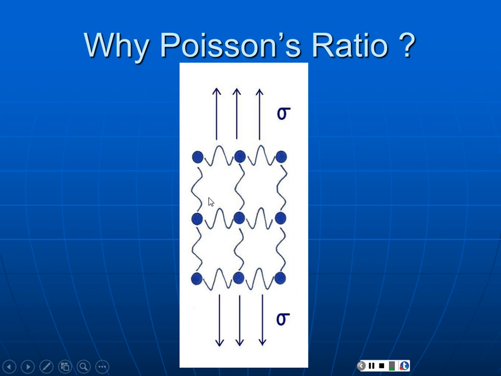And so it's all about maintaining a kind of constant energy level or a minimum energy level here by maintaining the spacing of the atoms. This is why, if I have positive strain in this direction, I must have a negative Poisson's reaction here. If I have a negative strain in the axial direction, the Poisson's reaction must be a positive strain, because it's all about maintaining this energy balance.